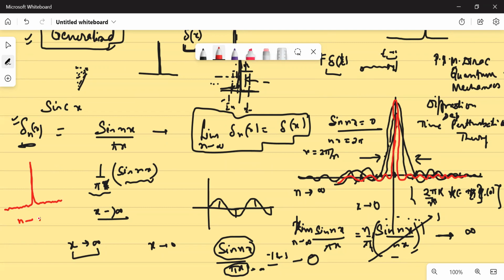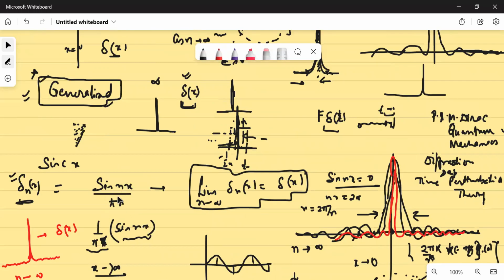Now you keep increasing your n, and you'll find that this will perfectly start matching the Dirac delta function. So I want to assert my case that if this is the function sin nx upon pi x, which is called a sinc function, then taking the limiting behavior as n tends to infinity, I would get a representation closer to the Dirac delta function. Is that clear to you?